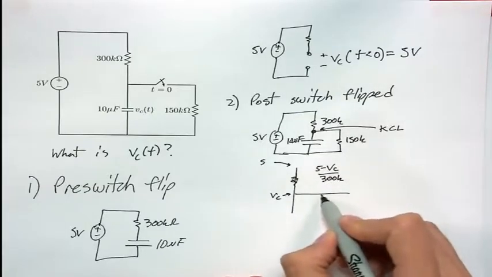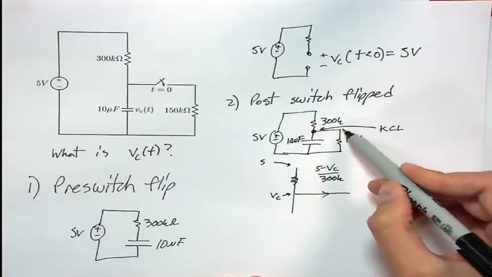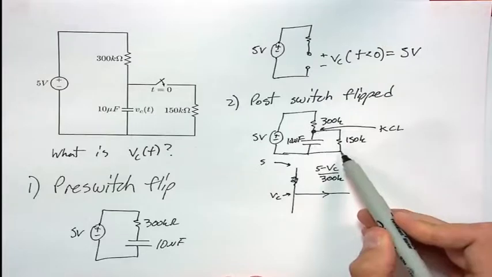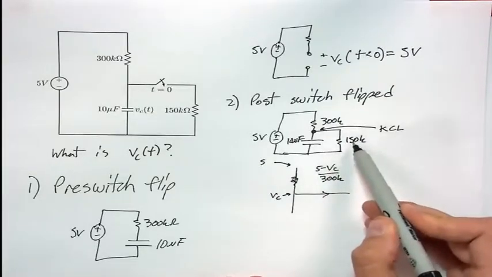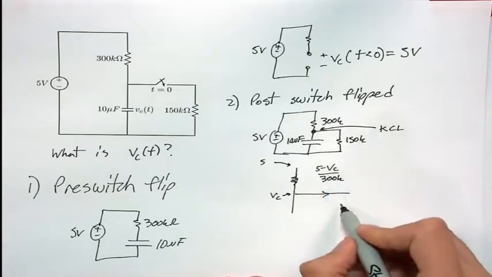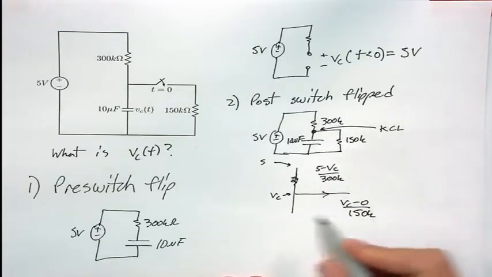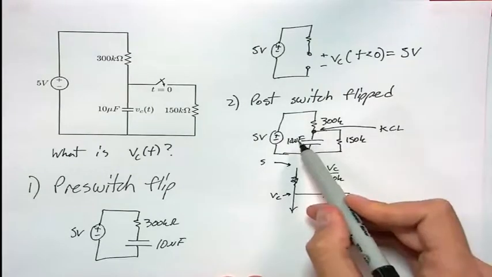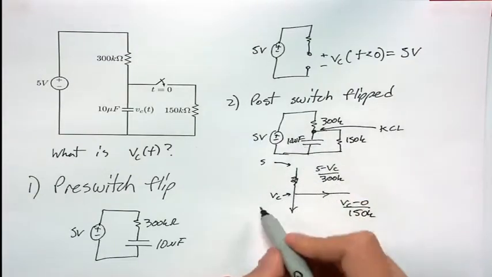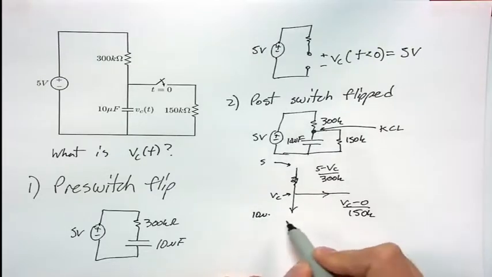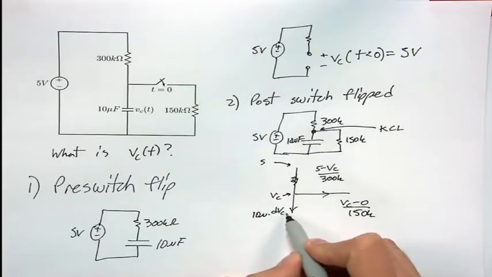Similarly for this branch, the voltage is Vc here, and the voltage is 0 here. So the current across the resistor is (Vc minus 0) over 150K. And finally, for the bottom branch, the current through a capacitor is the capacitance times the change in voltage.